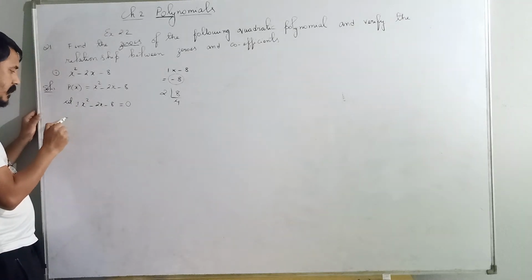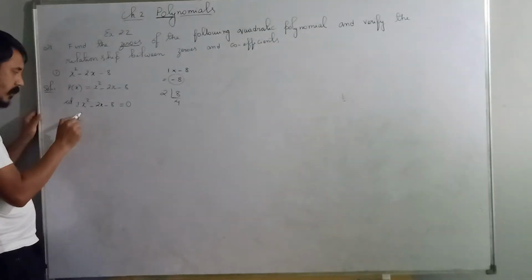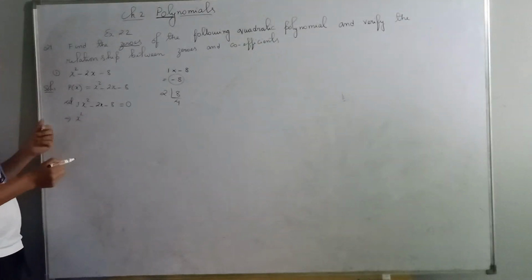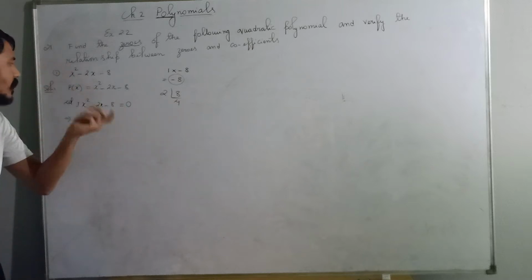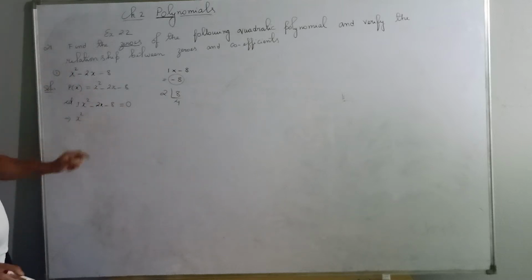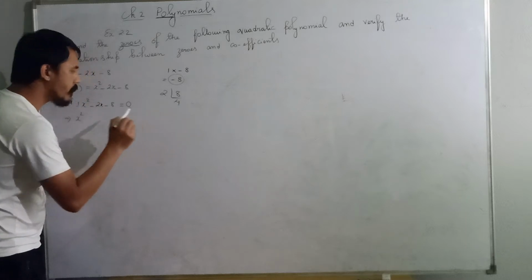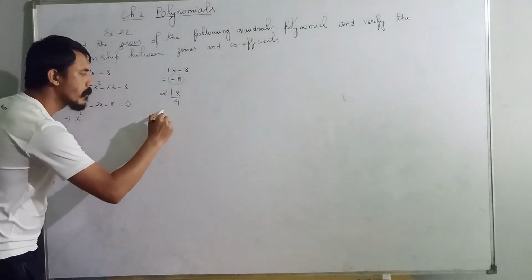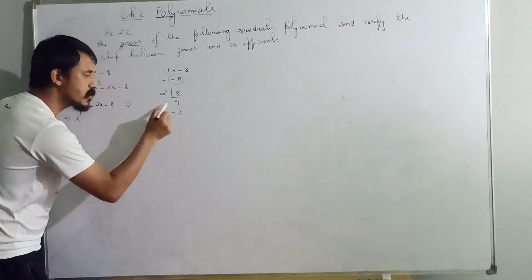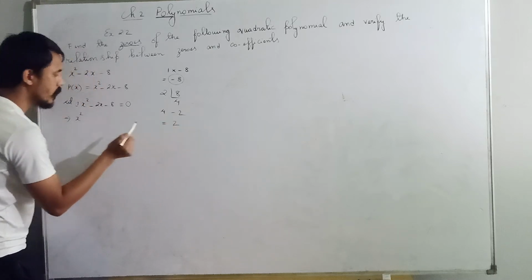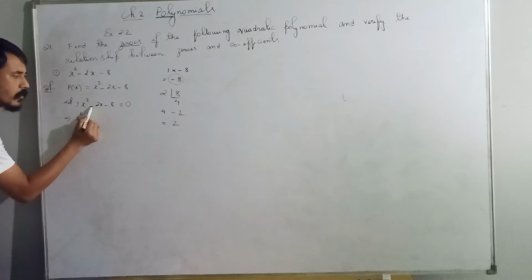So I'm going to leave this x squared as it is. Now, how are you going to arrange this 4 and 2 such that their sum will give you minus 2? If I write 4 minus 2, then this algebraic sum gives you only 2. But we need the algebraic sum to be minus 2.